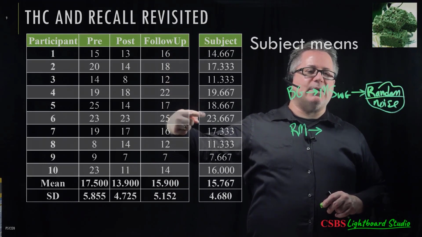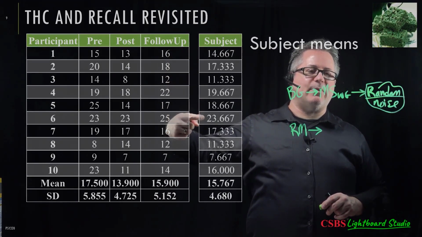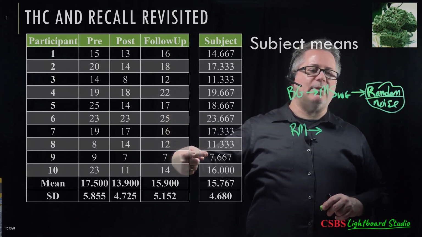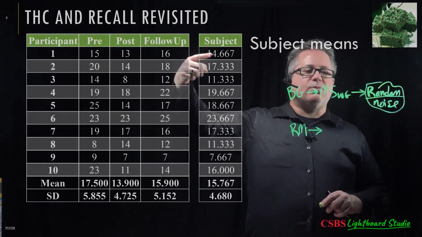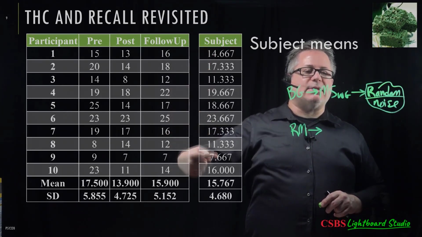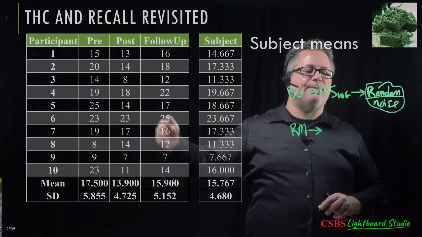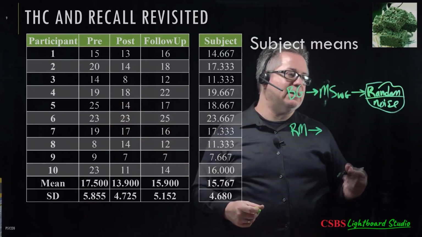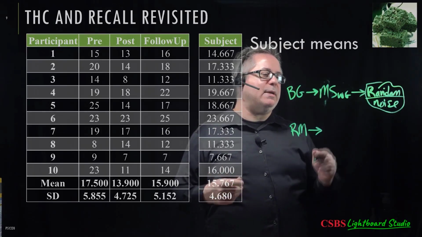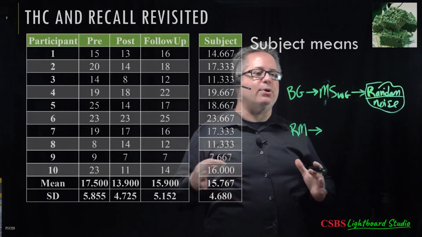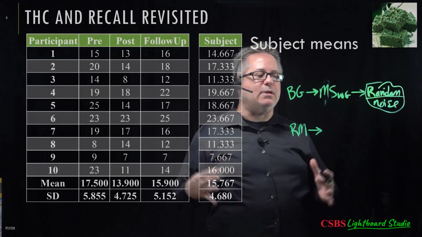This subject is relatively high versus everybody else. This subject's relatively the lowest. So there's some consistent ranking or scoring by subjects across time. And if something is consistent, it's not random. So my MS within groups is no longer totally random.